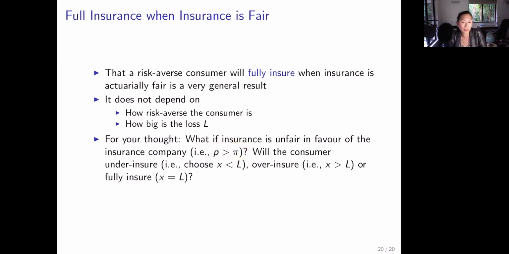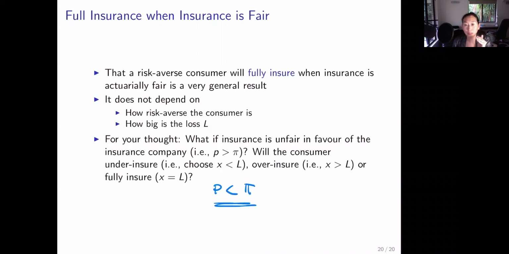What is going to happen? Will the consumer underinsure, choose X less than L, overinsure, or fully insure? I will show you in the case where P is smaller than pi.